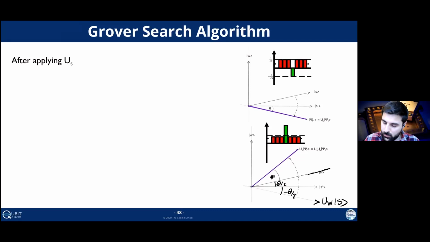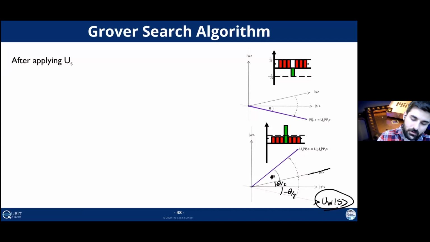So in total, the angle between the state after applying the oracle operator and the original superposition S state is theta. So we end up going up from negative theta over 2 to an additional theta, plus theta over 2.